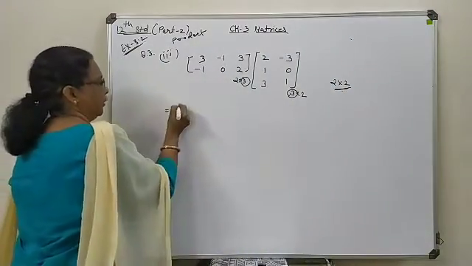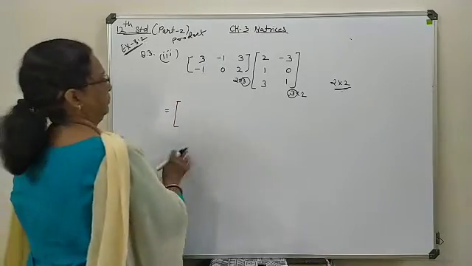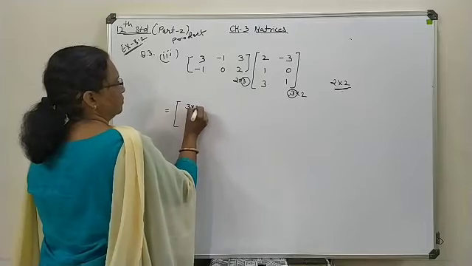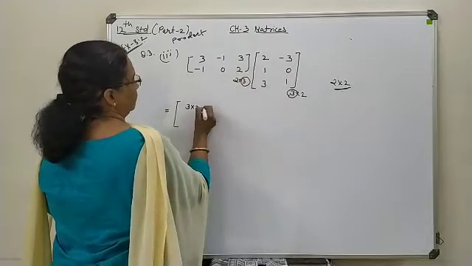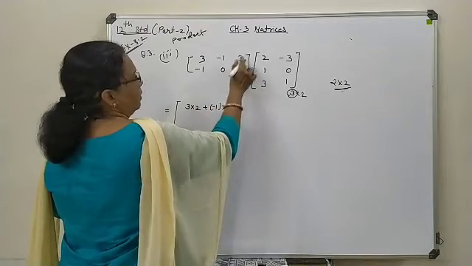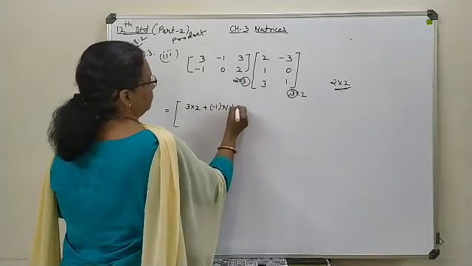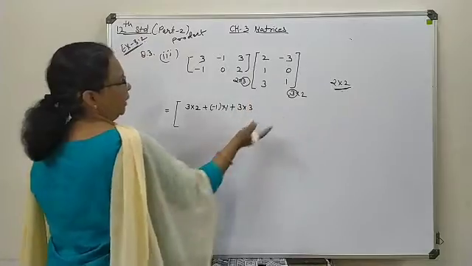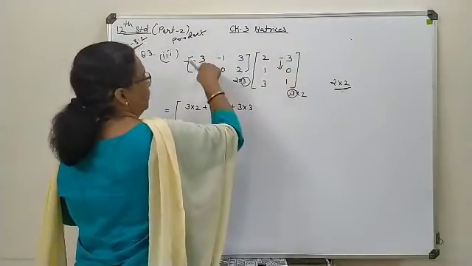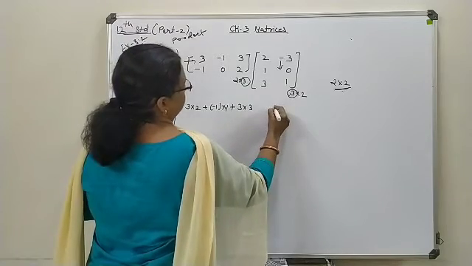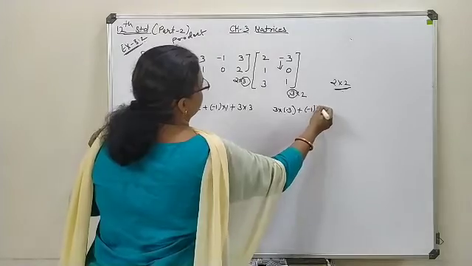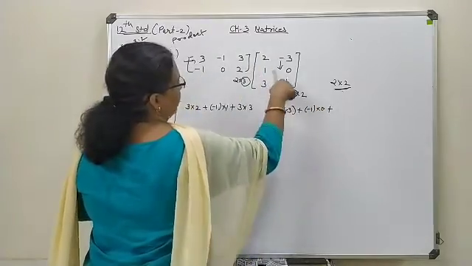Now proceed for the product form. 3 into 2, minus 1, 3 into 3. For another element, this row you will multiply with the second column. 3 into minus 3, plus minus 1 into 0, plus this 3 into 1.